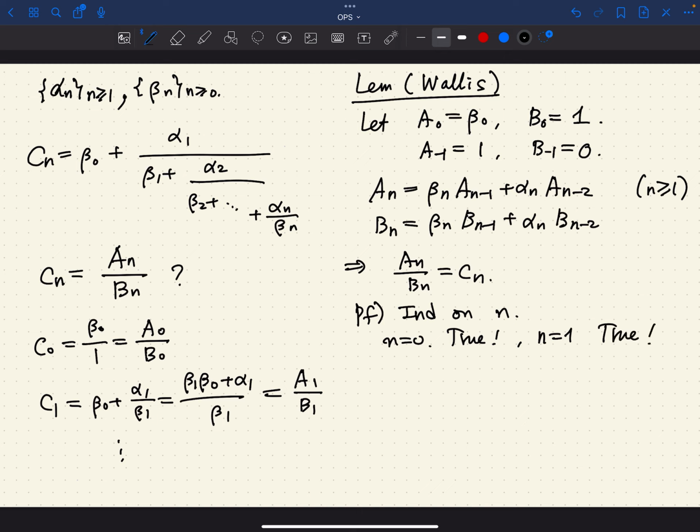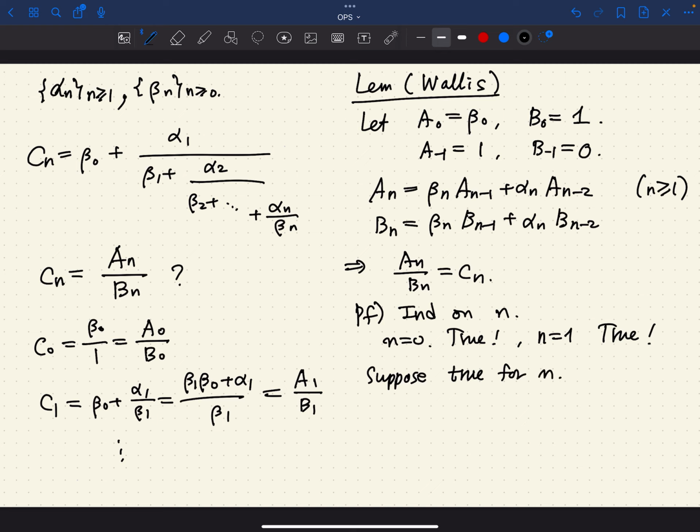We can check as many initial conditions as we want. Suppose it's true for n, and now we're gonna consider the n plus 1 case.